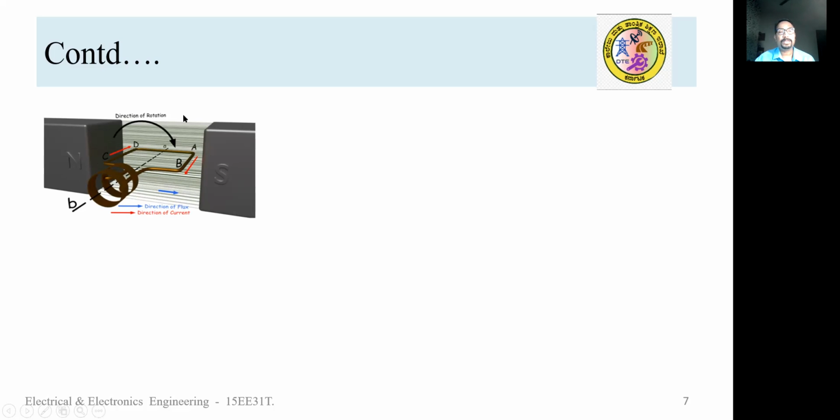Finally, the direction of the induced EMF is from C to D, A to B, slip ring, and the external circuit. Remember, in coil side AB the induced EMF is coming towards the observer.